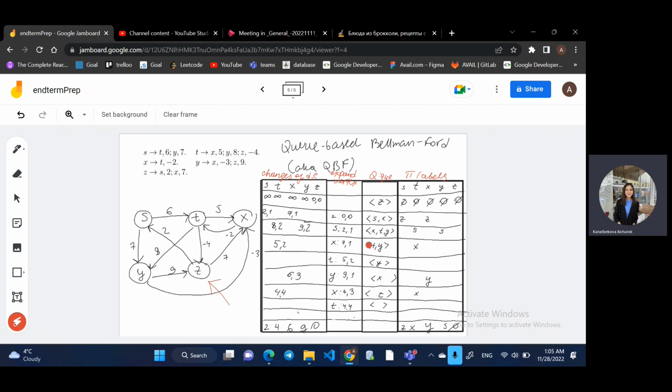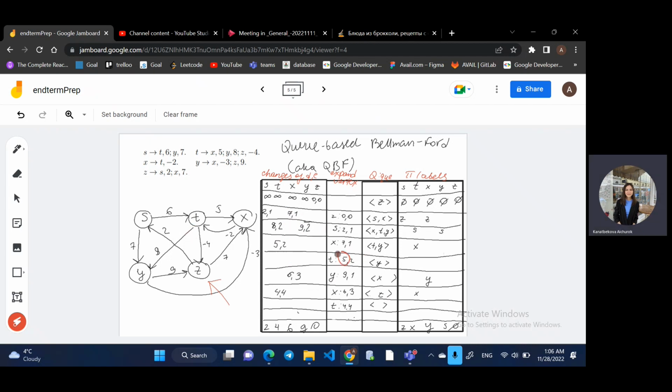And we take out from the queue T, and T's values are 5 and 2. And we look at T, it has edges to X, Y, and Z. And let's count. So 5 plus 5 is 10, but our X has cost 7. So 7 is smaller than 10, therefore we do not change it.